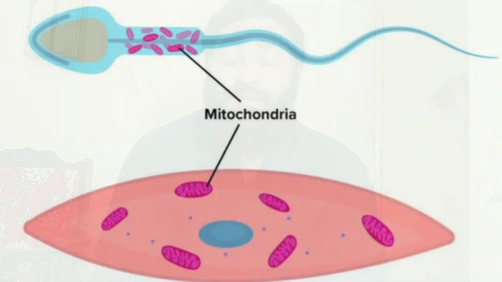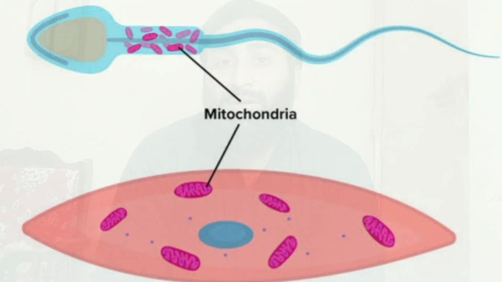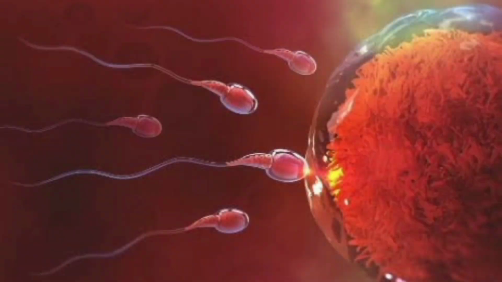But the important thing to understand is that mitochondria are present in the sperm. The mitochondria are important for the motility of the sperm to target the egg during intercourse. Otherwise the sperm will not move easily, the immotile sperm problem.